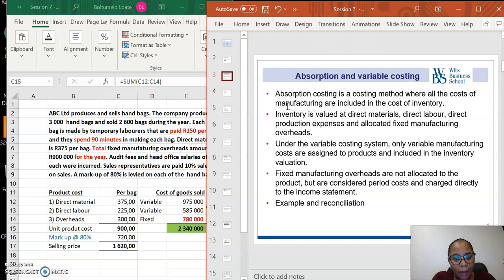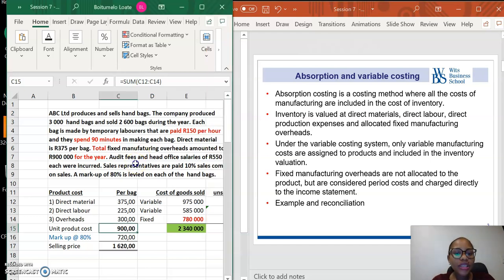Once you come up with a per unit cost, you take this to the cost of goods sold only once it's sold. All these costs pile up in your inventory account, and the minute the sale happens, it goes through cost of goods sold.